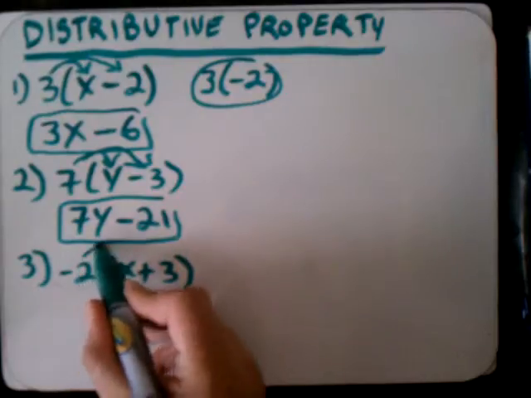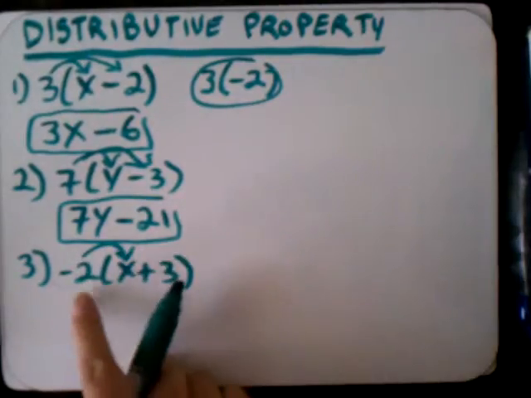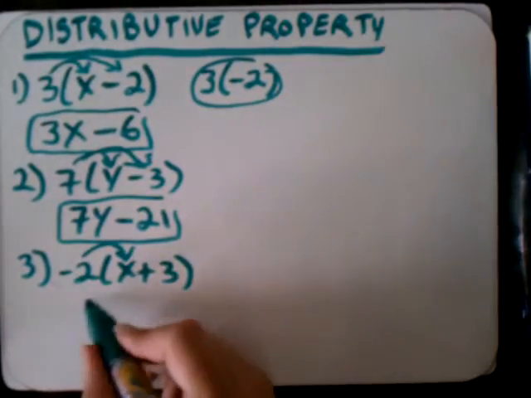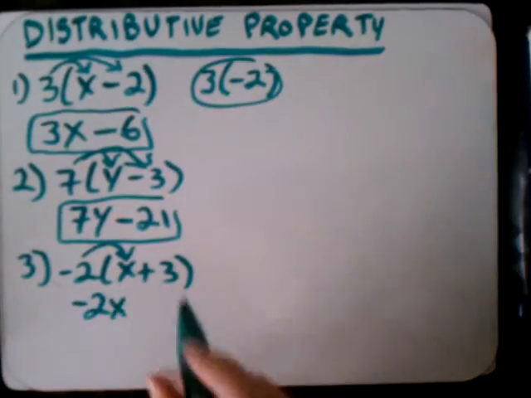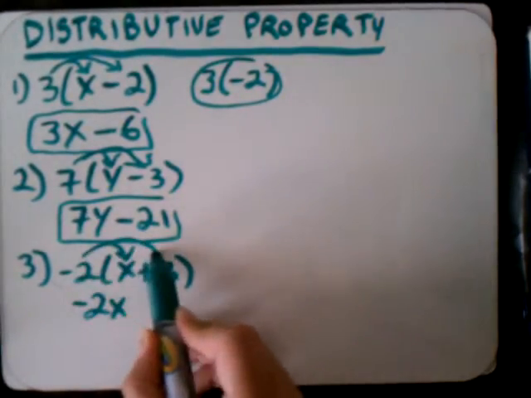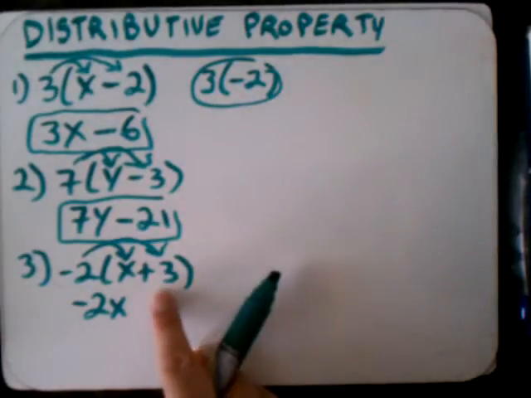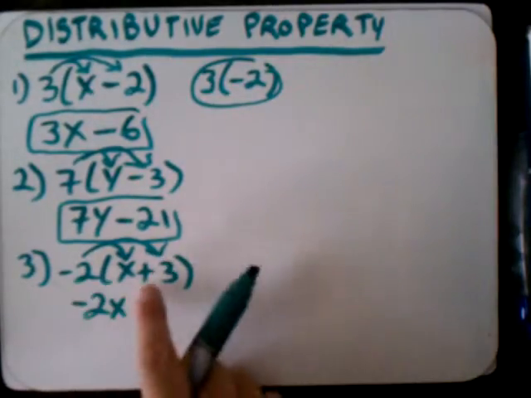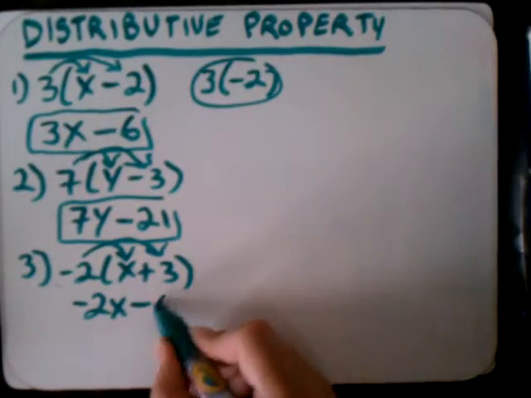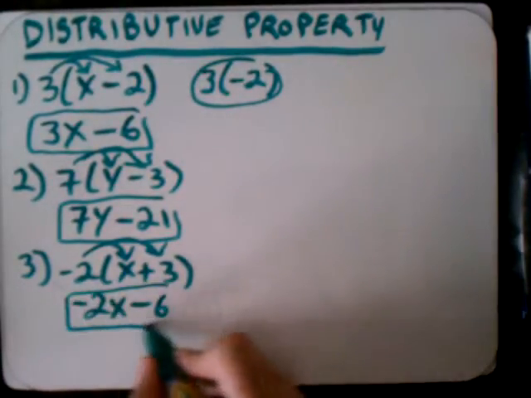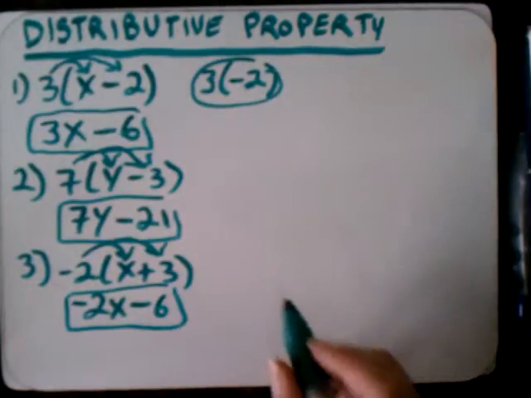The outside number multiplies the inside. Negative 2 times x, just write them together, negative 2x, and then negative 2 times positive 3. Remember, negative times positive is a negative. 2 times 3 is 6, so negative 6. And that's your answer.